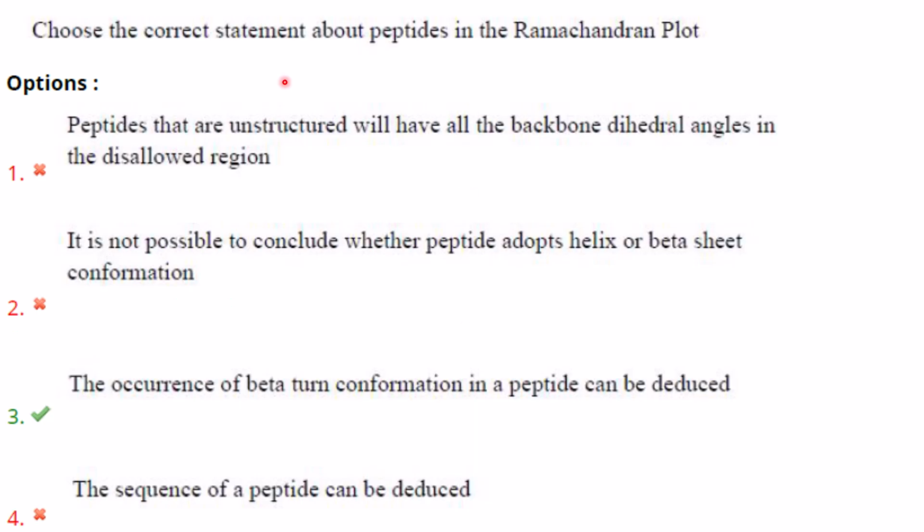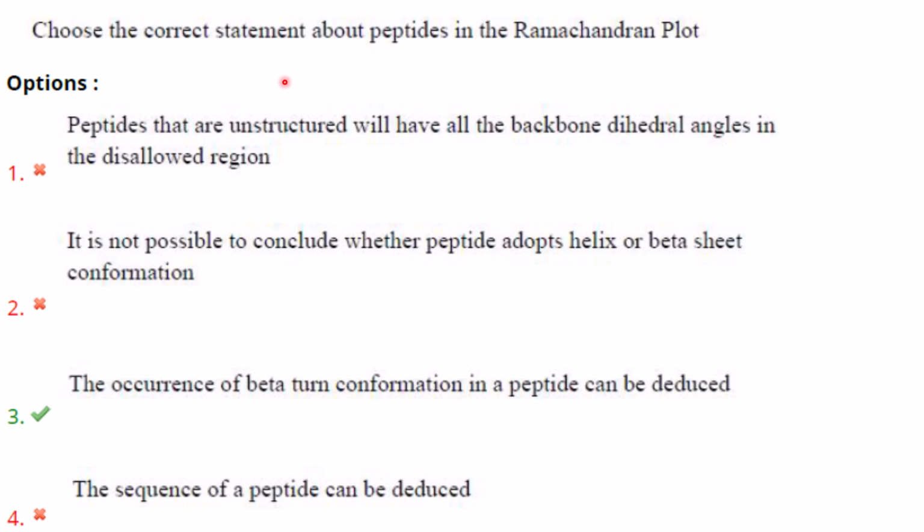Now next question, choose the correct statement about peptides in the Ramachandran plot. The Ramachandran plot provides an overview of the allowed and disallowed regions based on the dihedral angles.